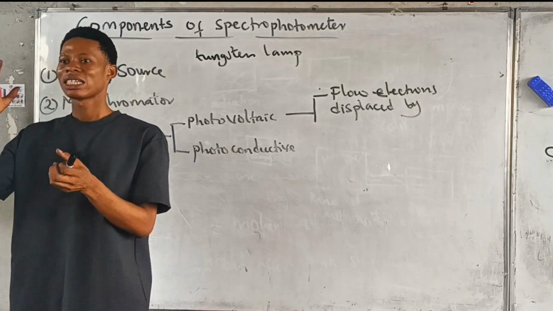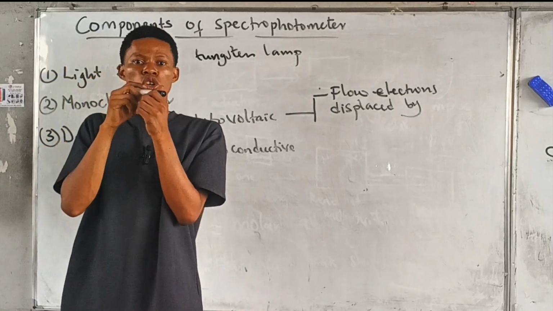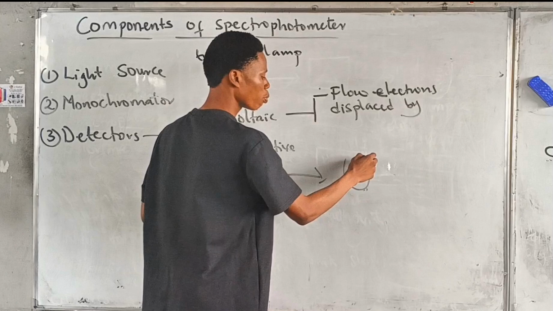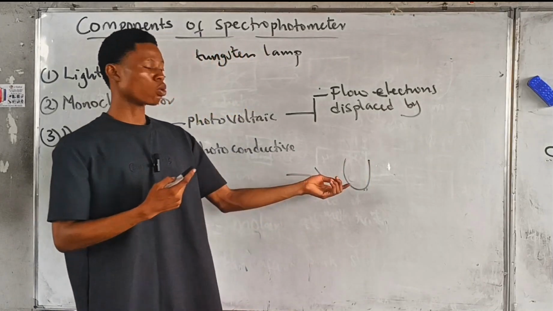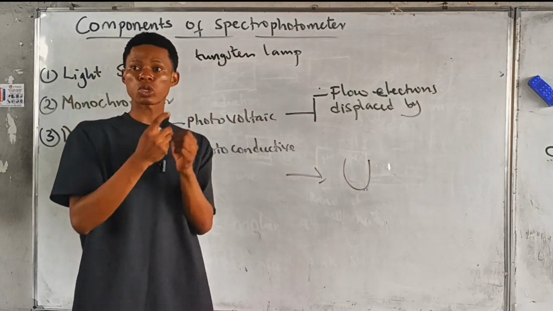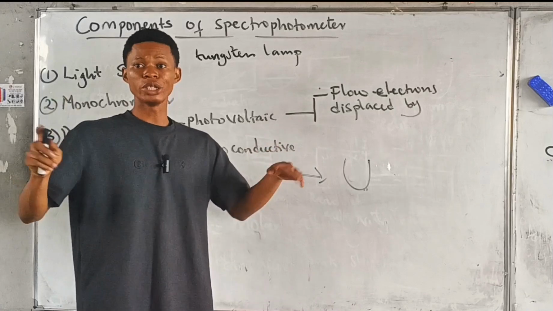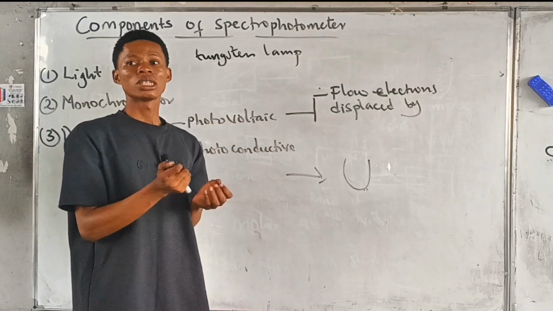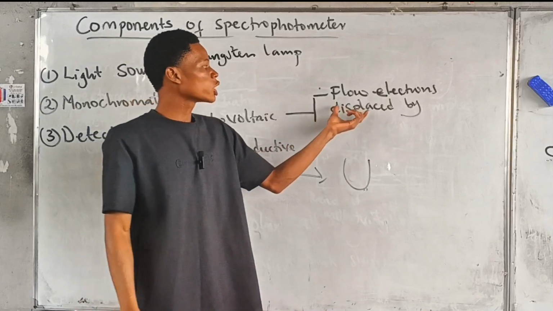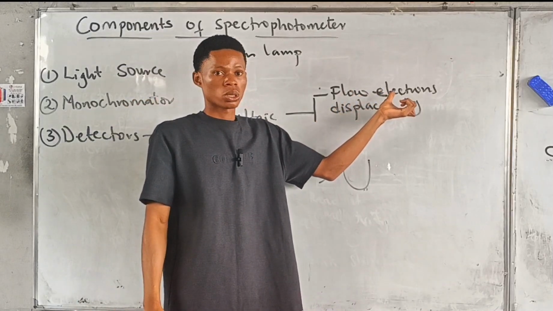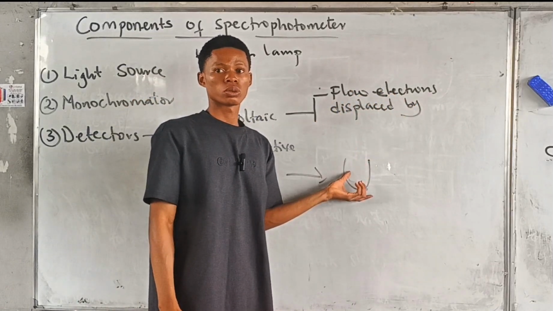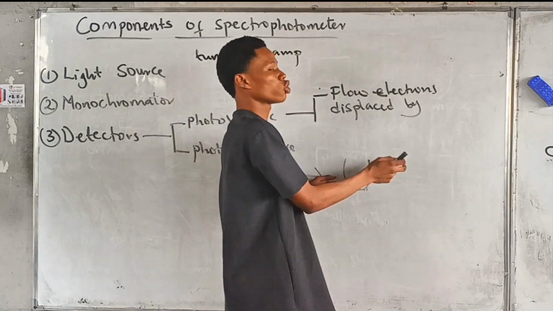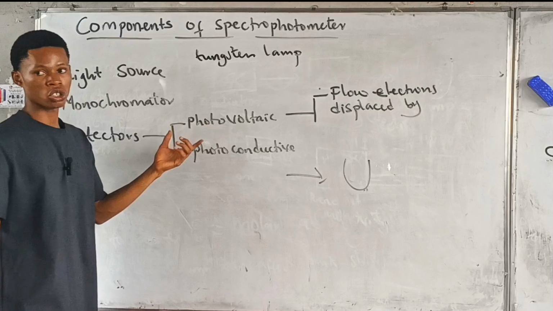Remember that you are directing your radiation towards the sample, and some of the sample will absorb some of the radiation, right? And some electrons will be displaced, is it not? This photovoltaic detector detects the displaced electrons after the radiation. So after you put the radiation source here, the displaced electron is what the photovoltaic measures.